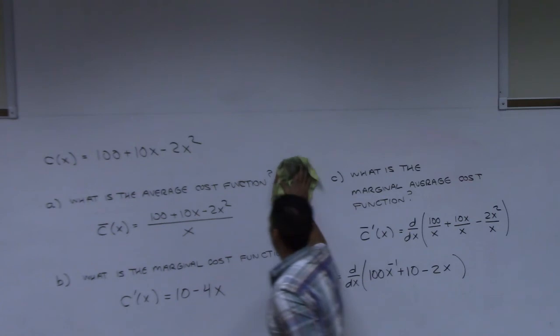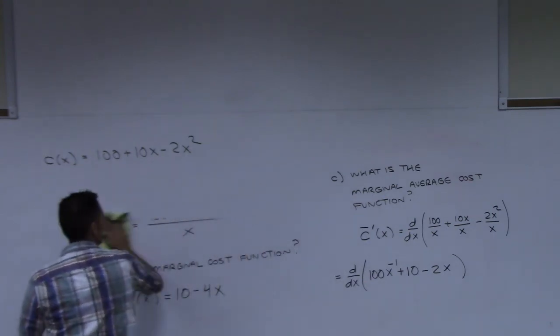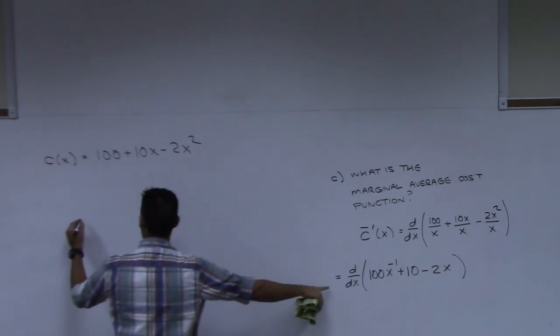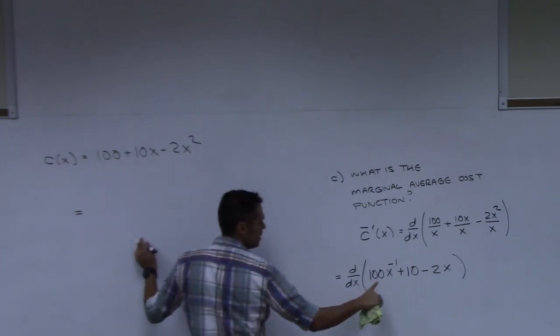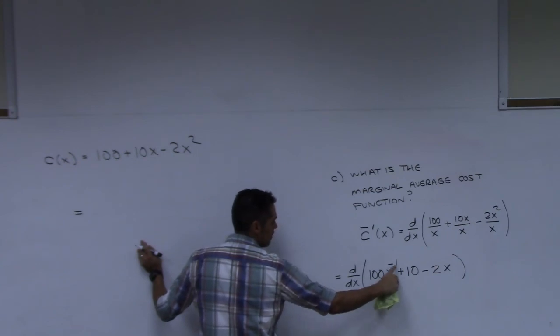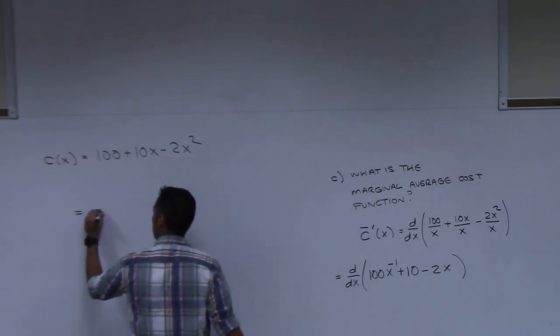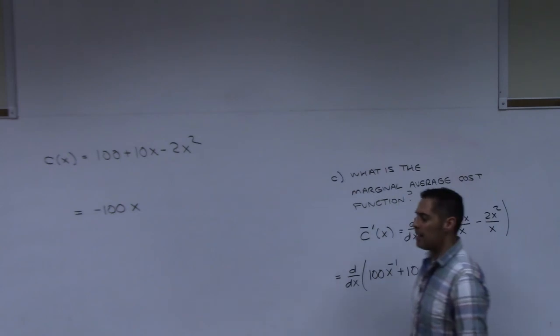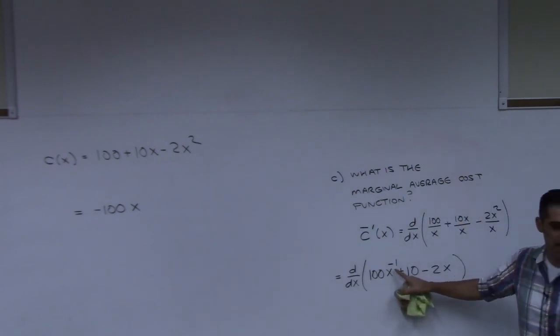So I need more room, so I'm going to come over here. What is the derivative? So this is equal to, no more derivative, I'm ready. What's the derivative here? So what happens with that negative 1 out there? Comes out front, and doesn't that make that a negative 100? Then x to what power? Negative 2, because you're going to subtract 1 from negative 1.